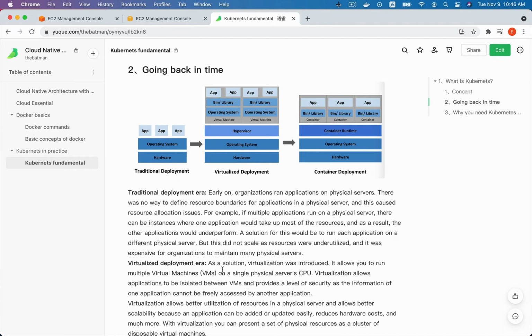Virtualization allows applications to be isolated between VMs and provides a level of security, as the information of one application cannot be freely accessed by another application, because every virtual machine has its own operating system.